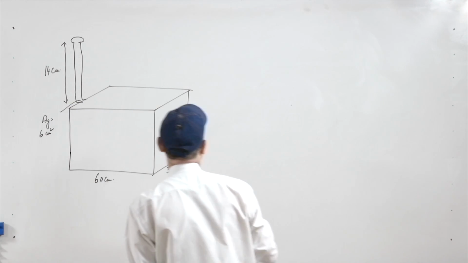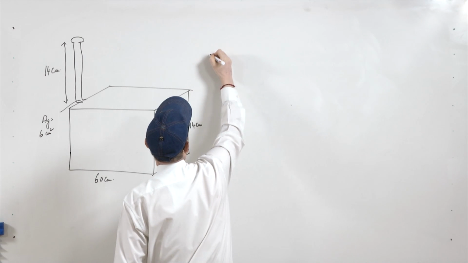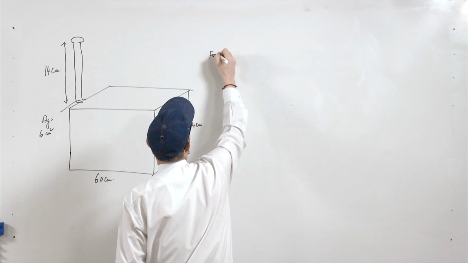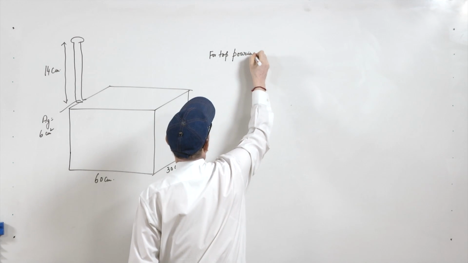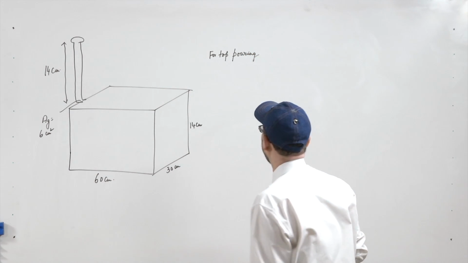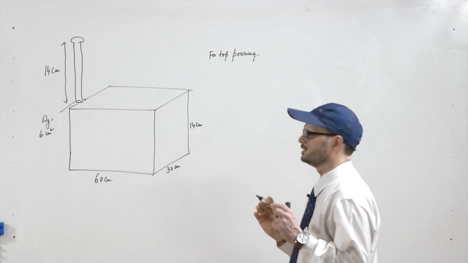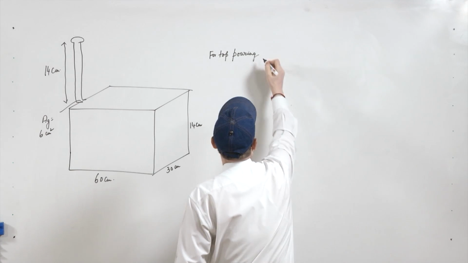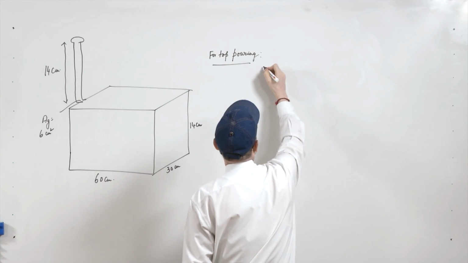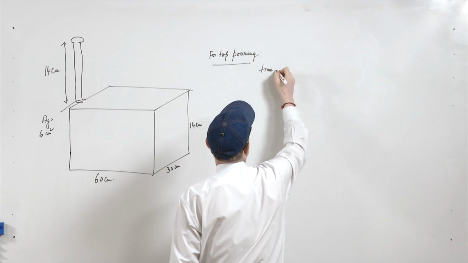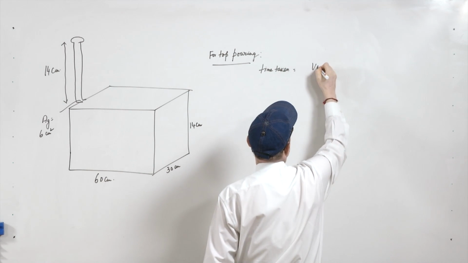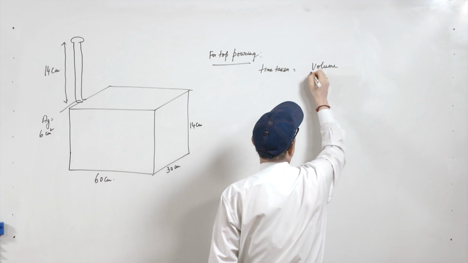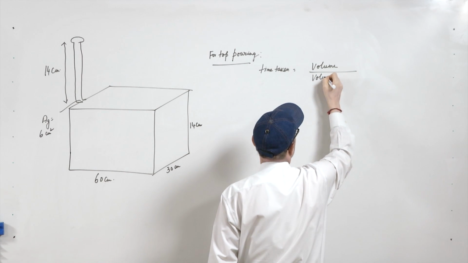So, for top pouring, we have to find the time taken. The time taken will be volume upon volumetric flow rate.